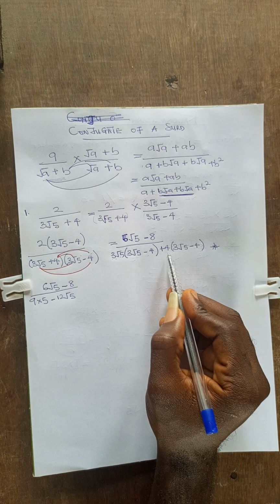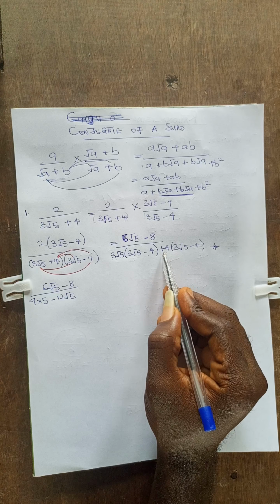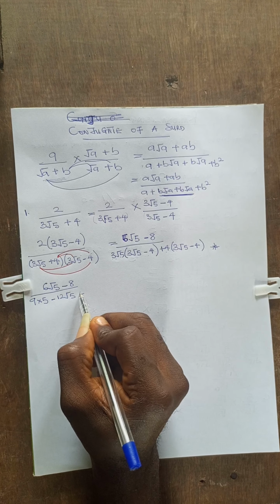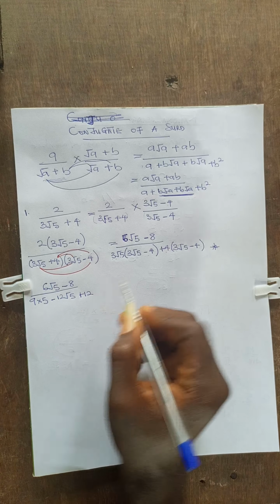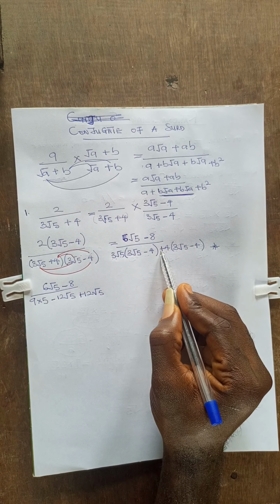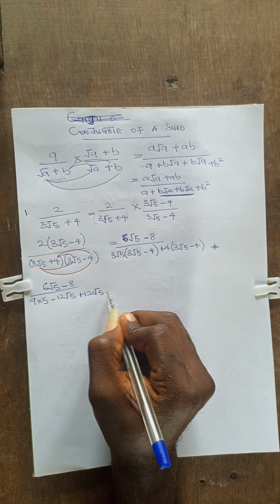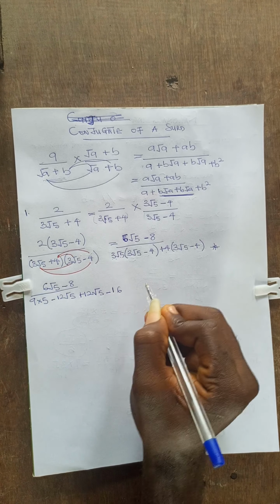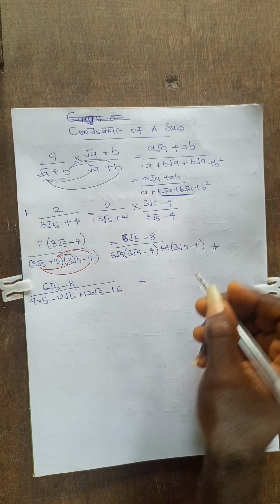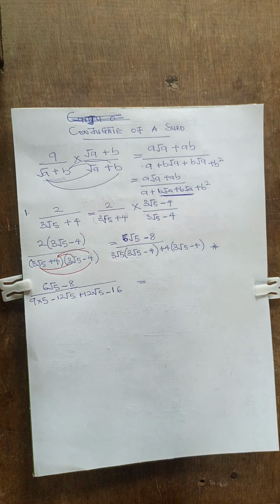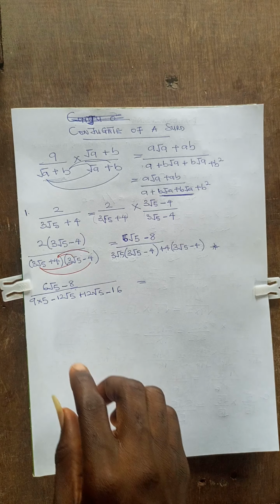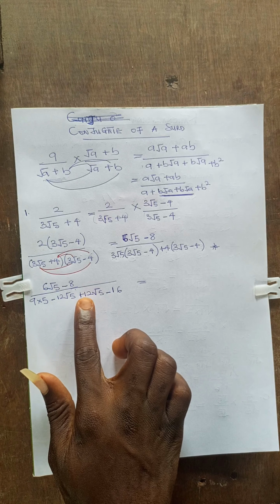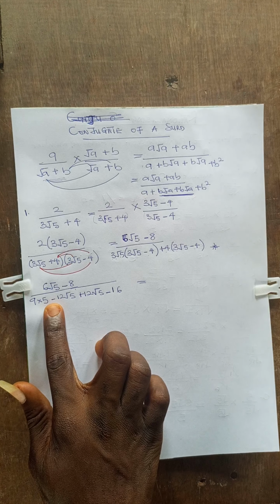Now on this side, 4 times 3 is plus 12. No root here, root here, so you put the root 5. Plus 4 times minus 4 will give us minus 16. So if we go on, if you look through, you will see that plus is on this side, while minus is on this side.